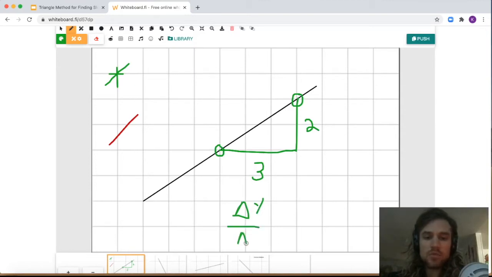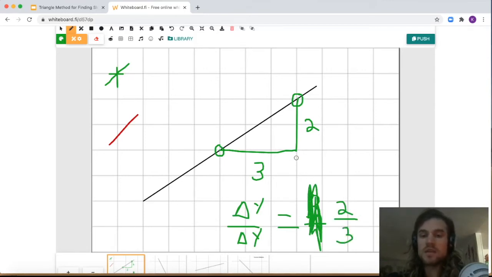And this is some poor penmanship here, but it's all good. Delta y over delta x, which means that that is equal to 3 over, no, let's not mess that up. That is a commonly made error. That is 2 over 3. So we take our vertical change, and our horizontal change is the denominator.